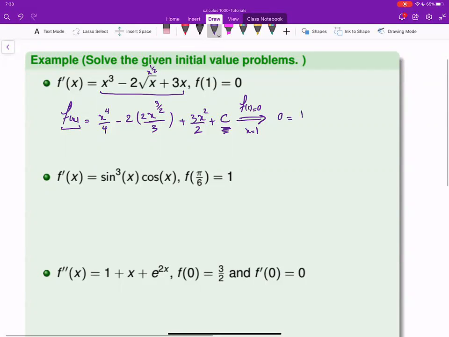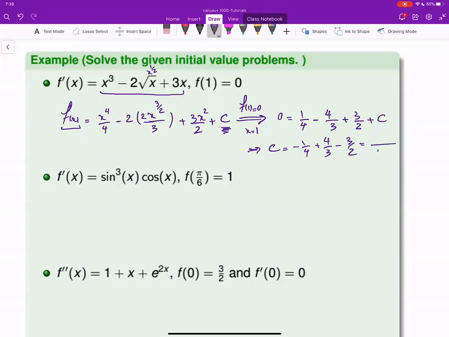The right-hand side is going to be 1 over 4 minus 4 over 3, I'm plugging in 1 and evaluating those powers of x, plus 3 over 2 plus c. You see that just by knowing the value of the function at one point, I can find an equation for c, which is easy to solve, because now c is equal to negative 1 over 4 plus 4 over 3 minus 3 over 2.